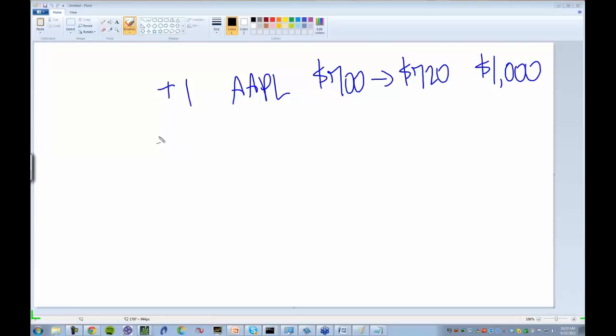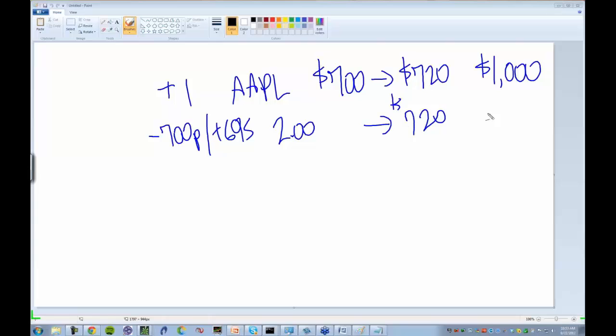However, if I just said, okay, I'm going to sell the $700 put and then buy the $695 as protection, and I'm going to sell that for $2, and then Apple goes to 720, all right, I can only make $200. Now the good news is, of course, I can make 200 bucks if it does 4 out of 5 different things, so that's nice.